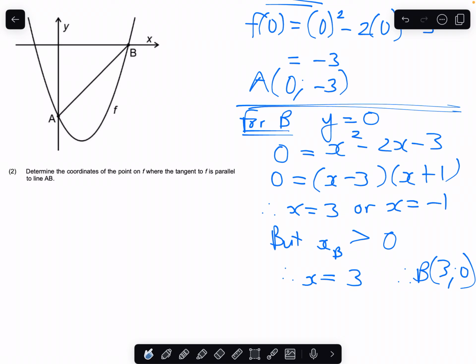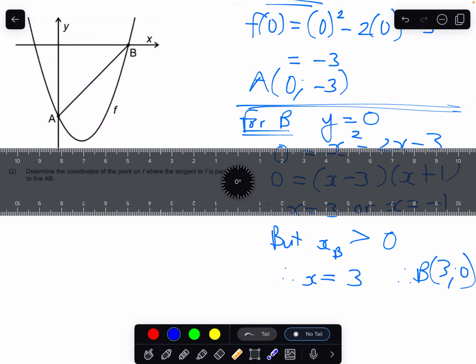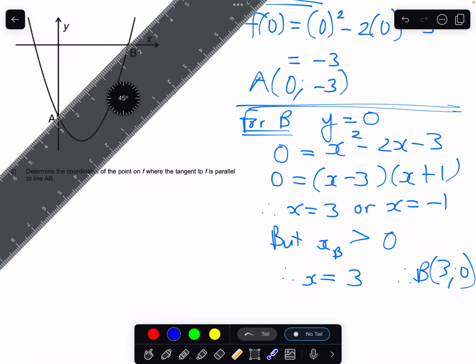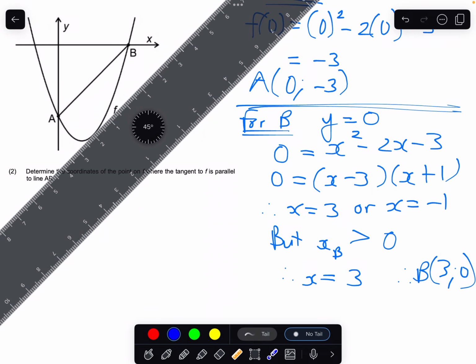So, determine the coordinates of the point on f where the tangent to f is parallel to line AB. Okay, so we're looking for, oopsie. So AB is that line over there, roughly, not really. Okay, and we are looking for the point where the tangent is parallel to that line.